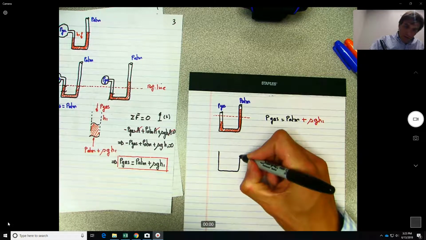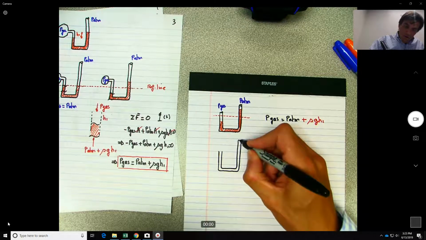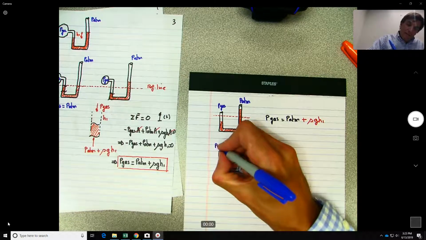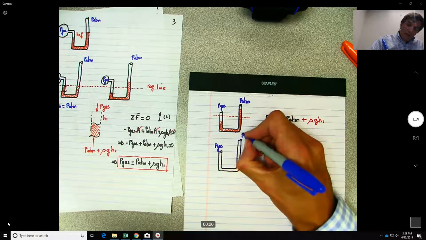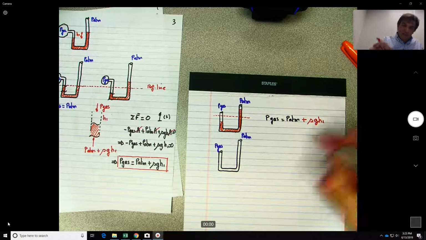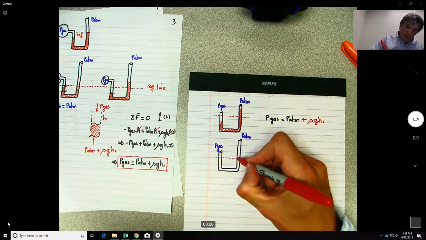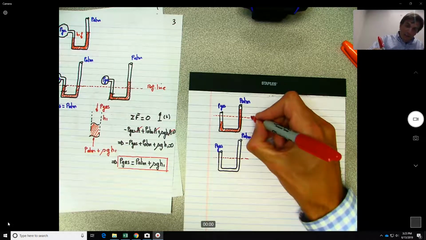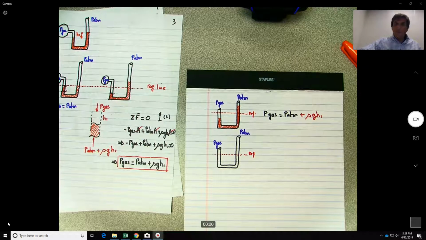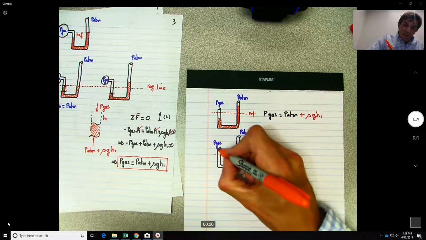On the second case, I draw a similar pipe with P gas and P atmospheric, and let's say this will be our reference line. So this time we want the fluid to go down on this side and up on this side.